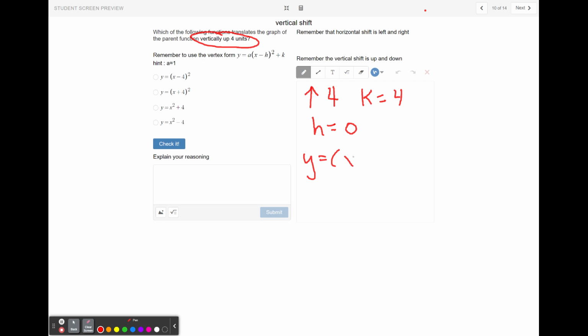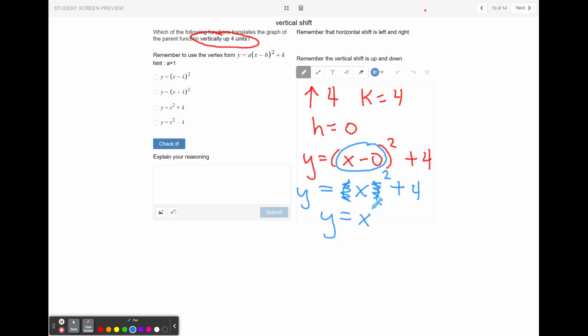Now if I plug this in, up means positive 4. X minus a 0 is just x. Now notice, I don't need those grouping symbols anymore. The reason I don't need them is because it's just x by itself.